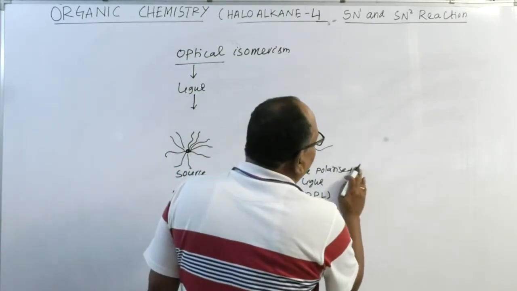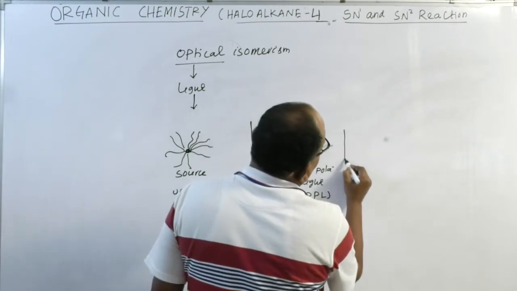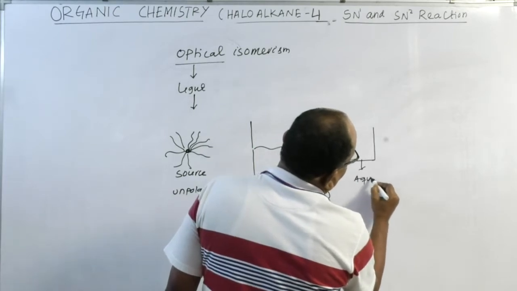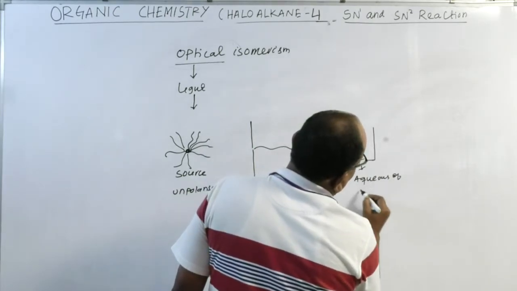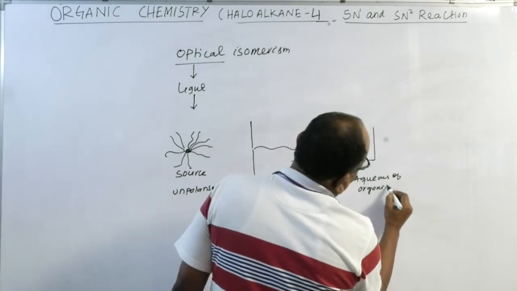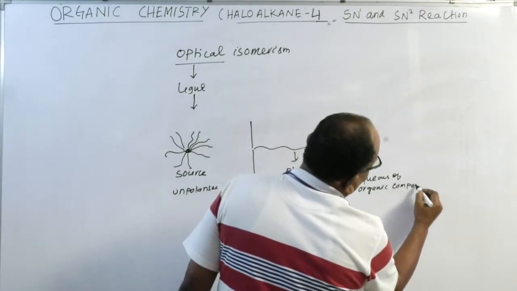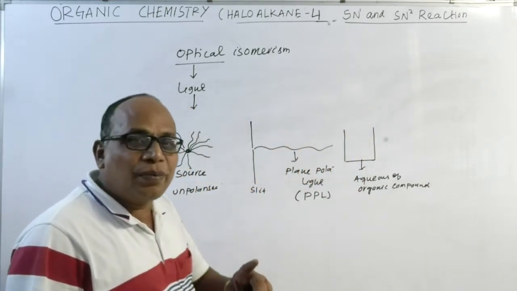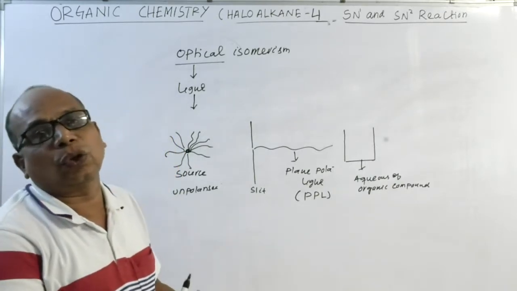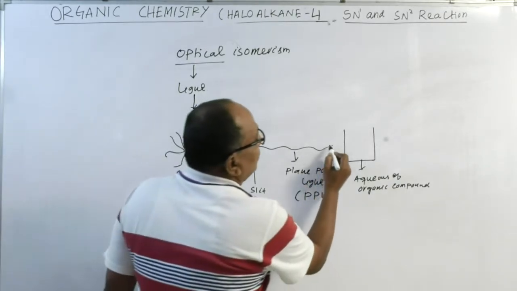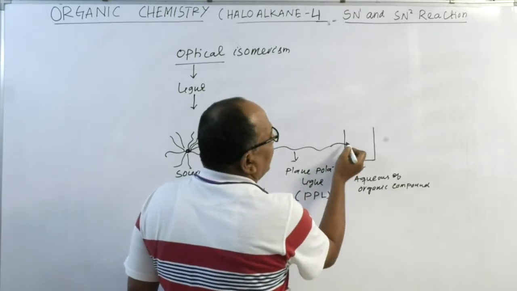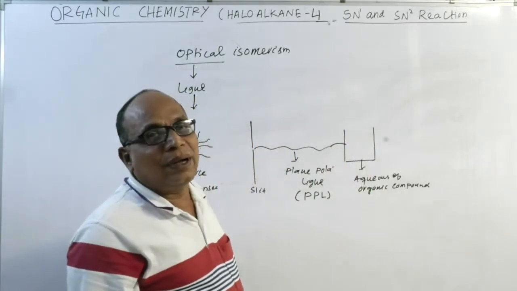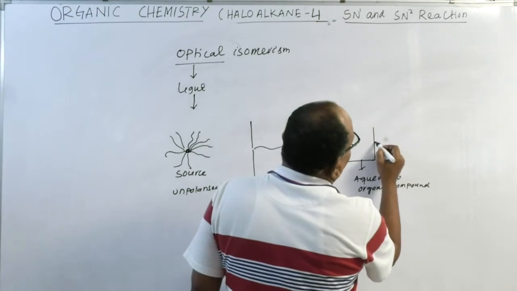So when the plane polarized light passes through an aqueous solution of an organic compound, aqueous means the organic compound dissolved in water. When the light passes through the aqueous solution, some light gets reflected back, some amount of light is absorbed by the organic compound and some light is transmitted.